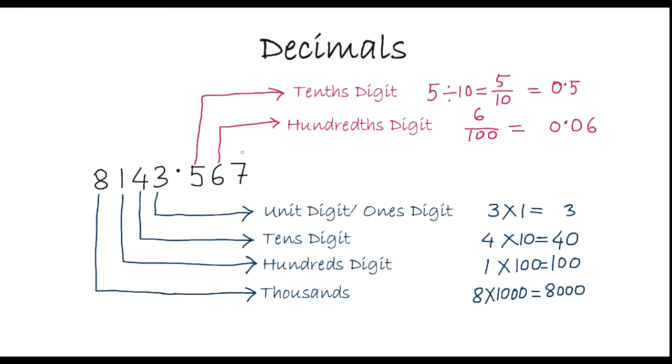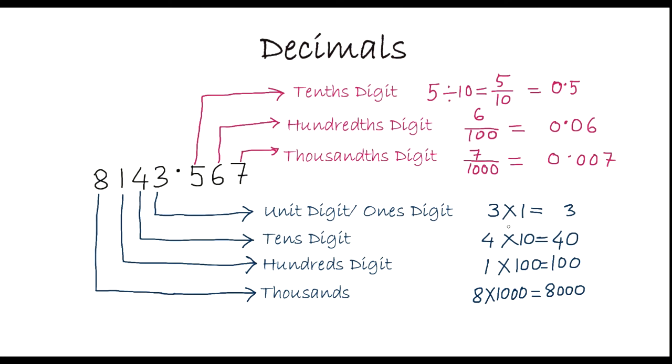For the next digit, this is called the thousandths place and will be divided by 1000. So you have to divide 7 by 1000. 7 on 1000 is the value of this place. Here we have 0.007.